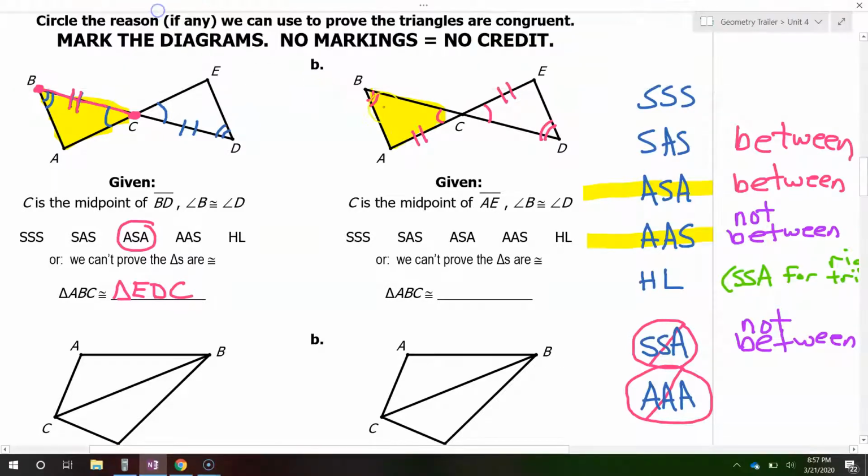Well, here's an angle that we have marked, and here's another angle. If I connect those, it shows that this is the side between. But this side over here, the side that's marked, is different. It's not between. That's why this will be angle, angle, side.